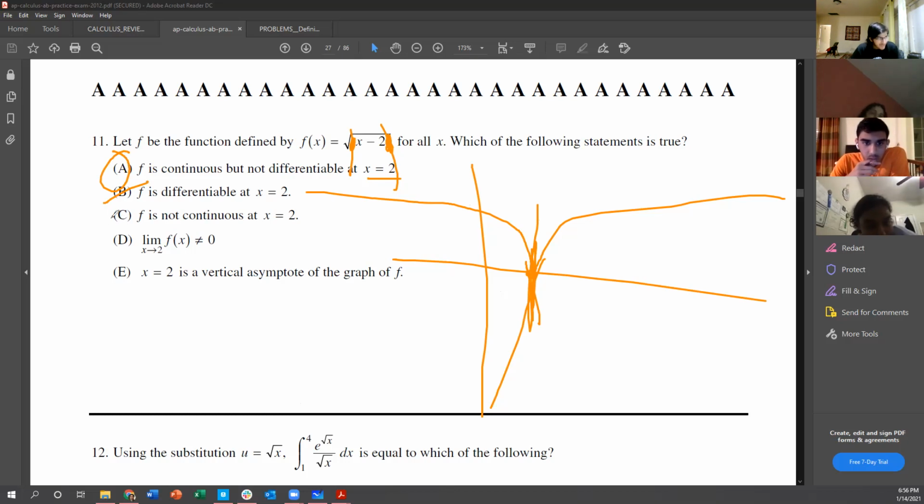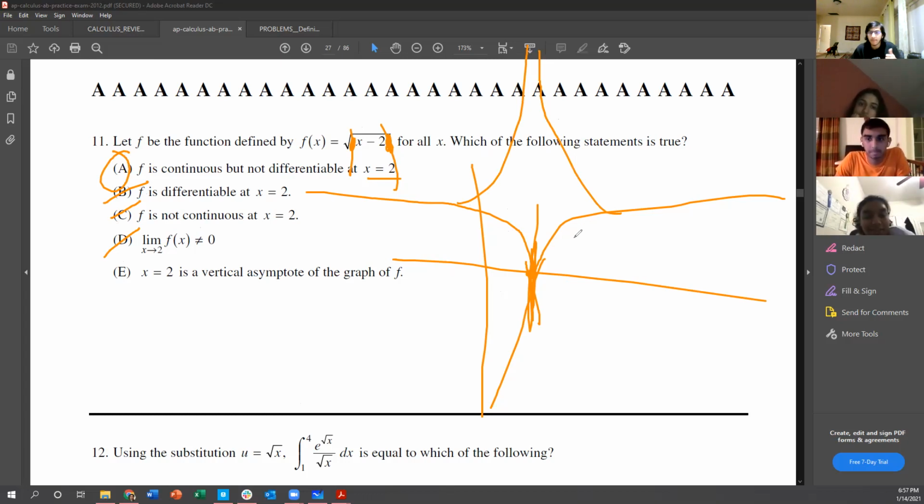It's not discontinuous; the limit does equal 0 because if you plug in 2, you'll get 0. And x equals 2 being a vertical asymptote of the graph of f is not true. For it to be a vertical asymptote, the function would have to approach infinity or negative infinity at x equals 2. Okay, are we good with A?